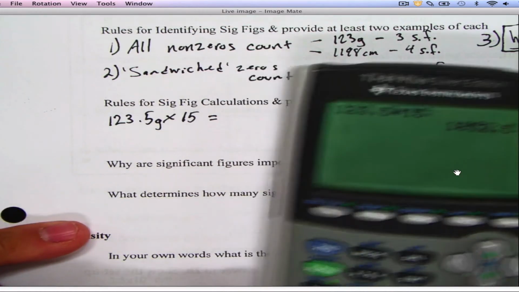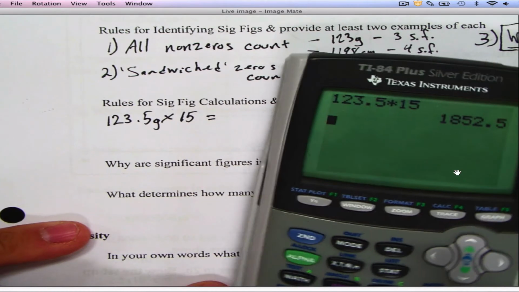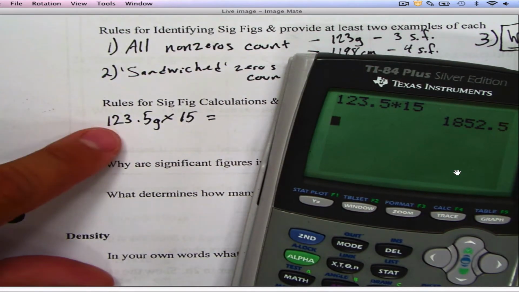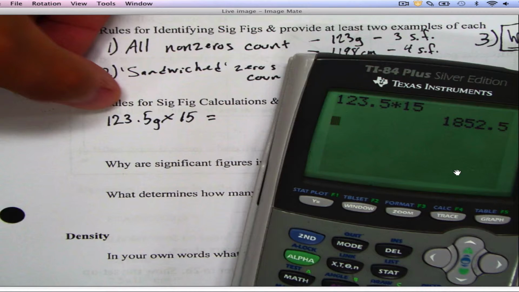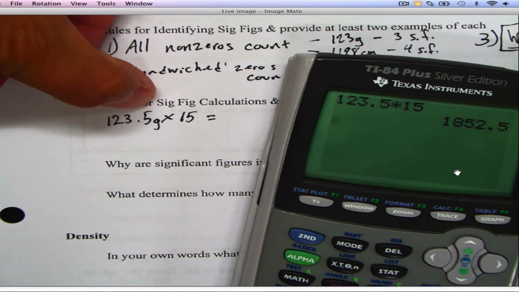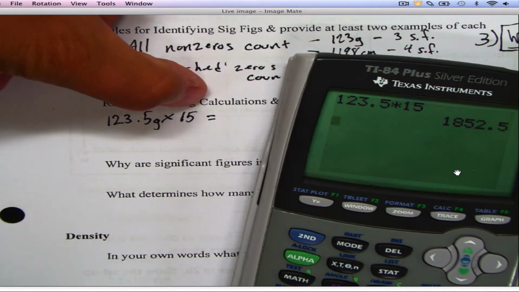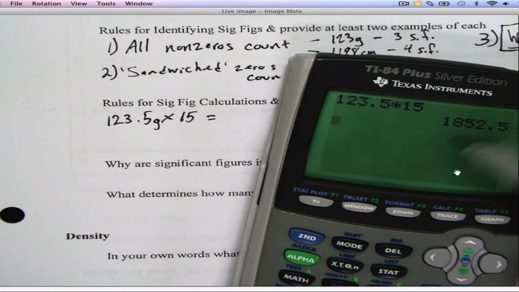But my real significant figure answer for doing calculations, I go by my lowest number that I multiply by. So I have 4 significant figures in 123.5. I have 2 in 15. You go with your lowest number of significant figures to round to in this. So then I look at 1852, and I want to keep the 1. That's going to be significant. I want to keep the 8, and that's going to be my 2 significant figures. So I look to the right of the 8 and say there's a 5.